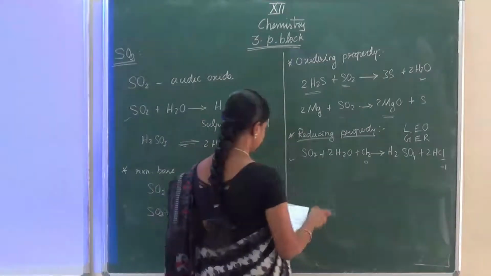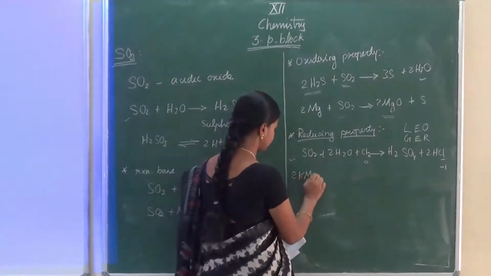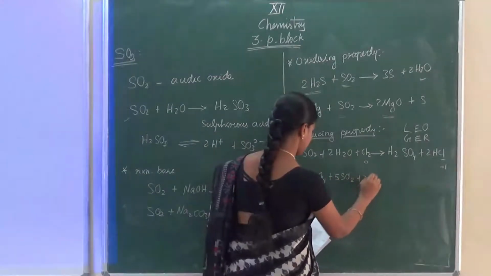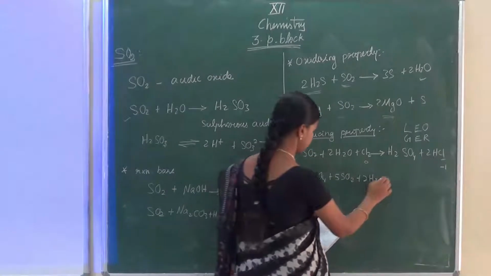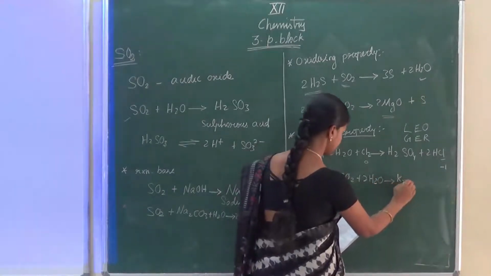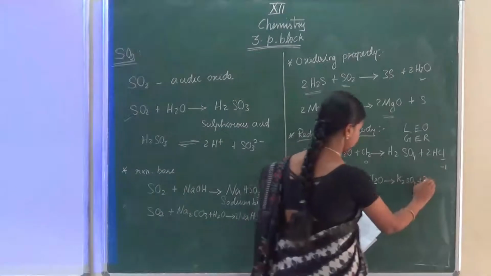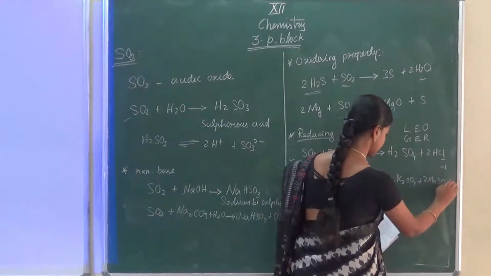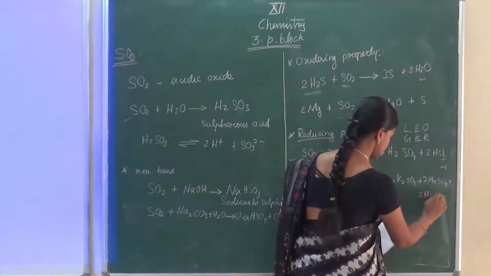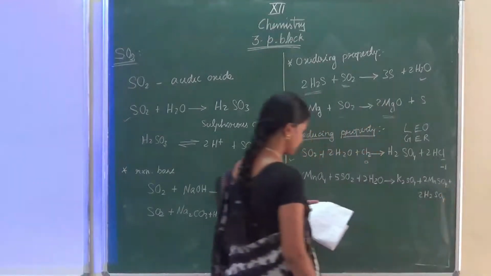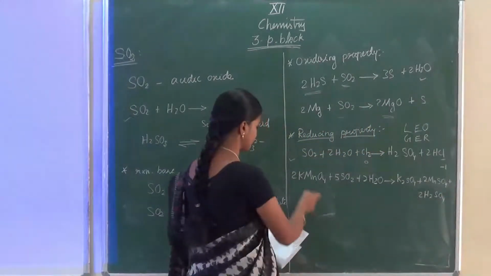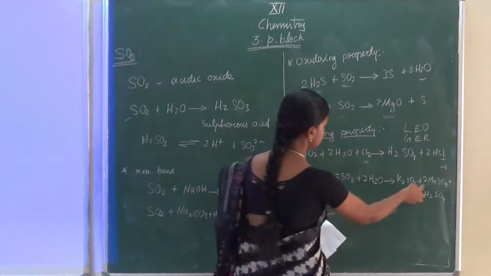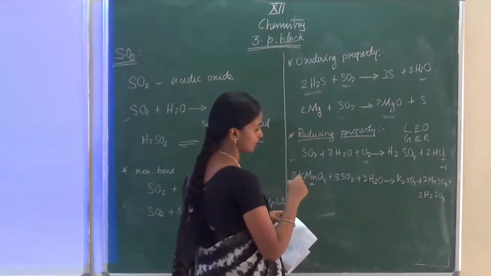The next example here, KMnO4. When it reacts with water and sulfur dioxide, it produces K2SO4 plus MnSO4 plus 2H2SO4. Here if you notice, Mn is in +7 and here it is +2, so electron is gained.